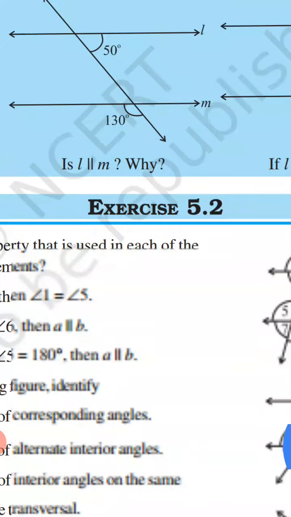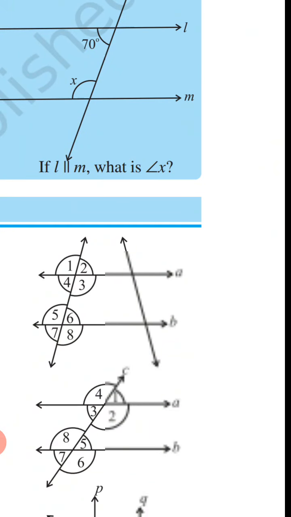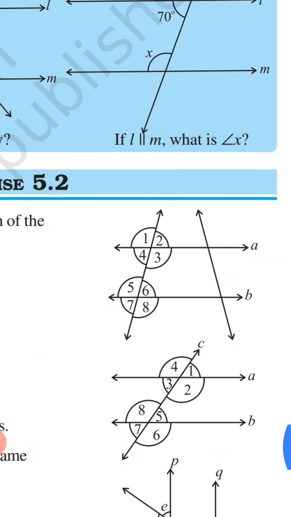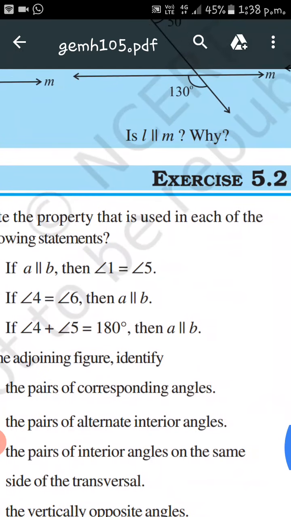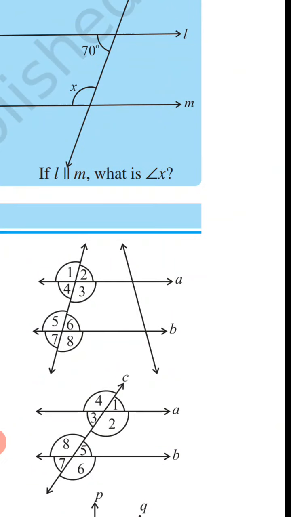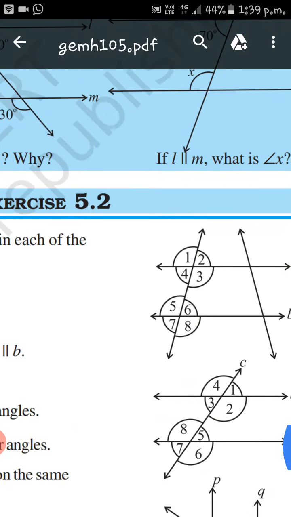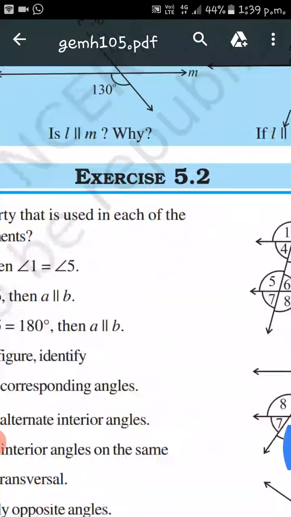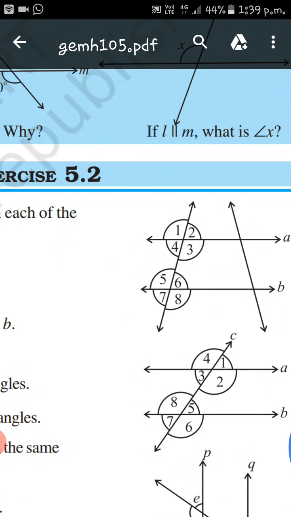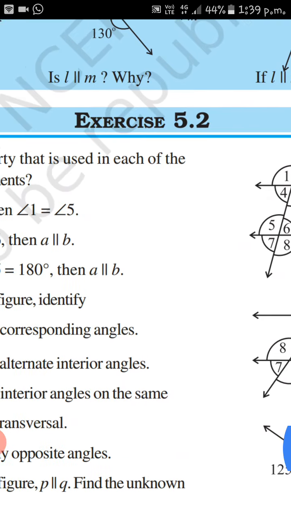Here you see line A is parallel to B. So 8 angles are formed. Now A is parallel to B, then angle 1 is equal to 5. You have to write the reason that corresponding angles are equal. Similarly, angle 4 is equal to 6 because they are alternate interior angles and they are equal.